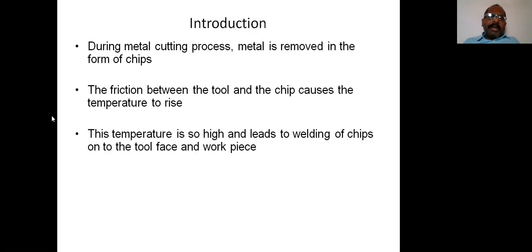So from all this discussion, what we can understand is, if the temperature increases to a particular temperature, it causes joining of the chip to the tool face or the cutting face of the job. So it produces all these losses.